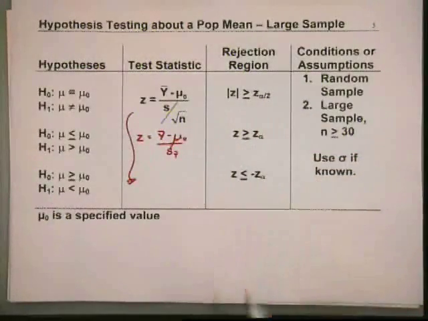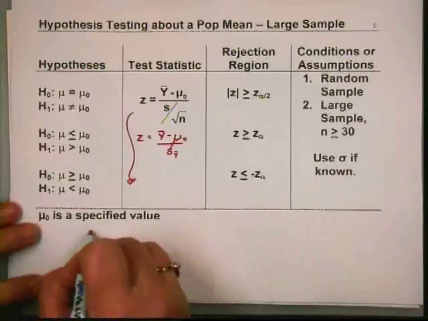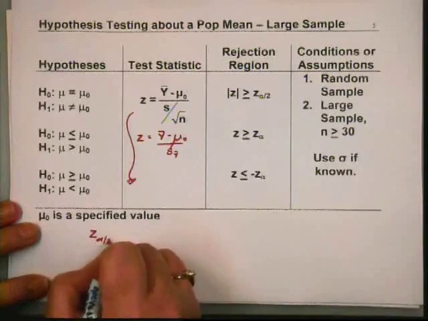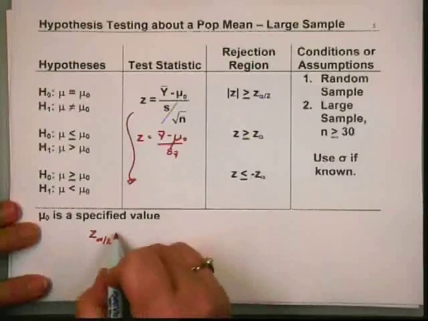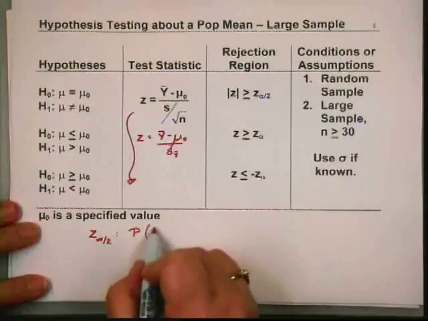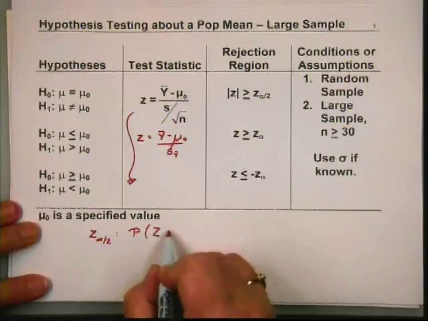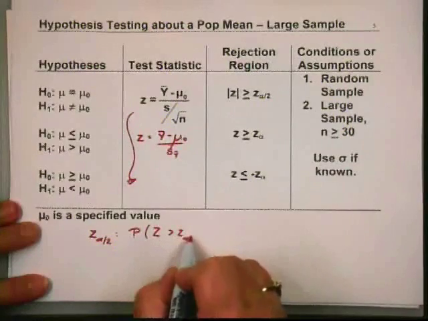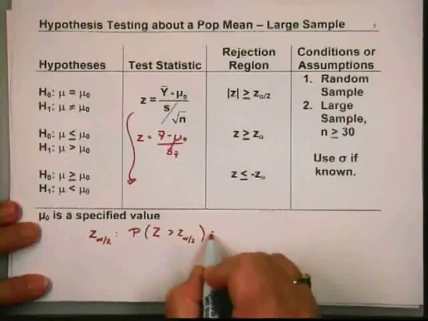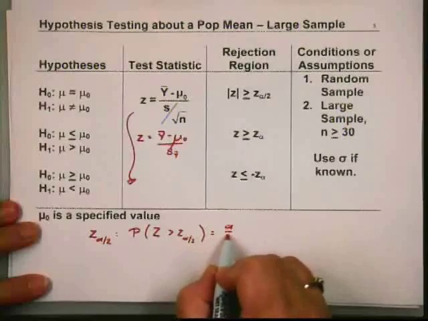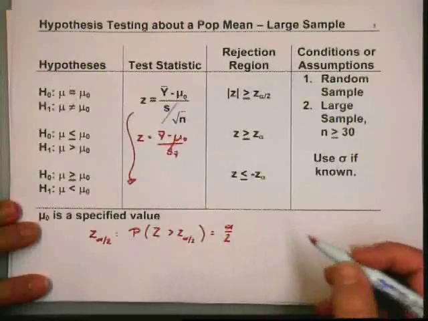So what are these values here? This z alpha over 2. When you write the probability of capital Z being greater than z with subscript alpha over 2, that means this probability is equal to alpha over 2.